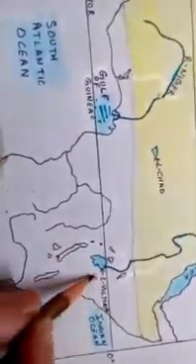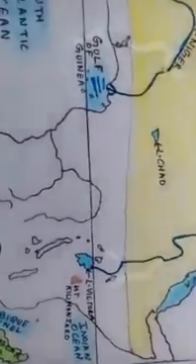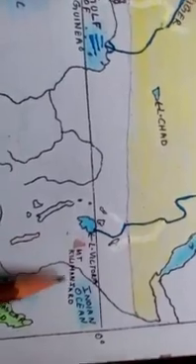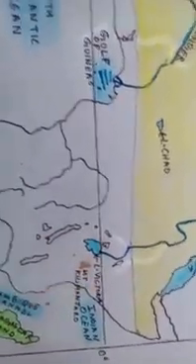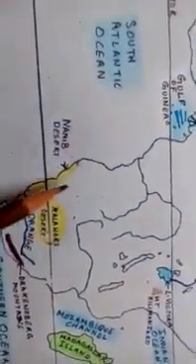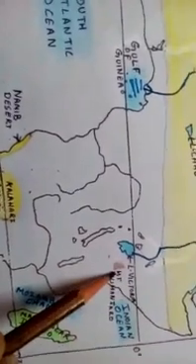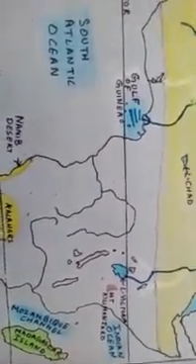Because of its high altitude, it remains covered with snow. So here we have marked it properly and written the name along with it. So we will remember that these three features, your Kalahari Desert, Namib Desert, and Mount Kilimanjaro, lie in the high plateau of the south.